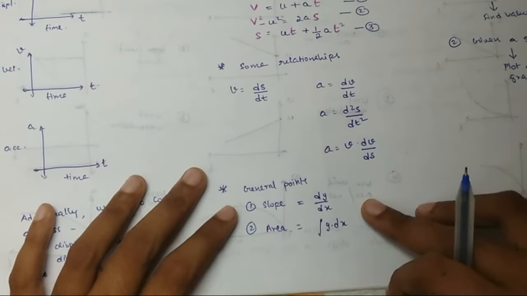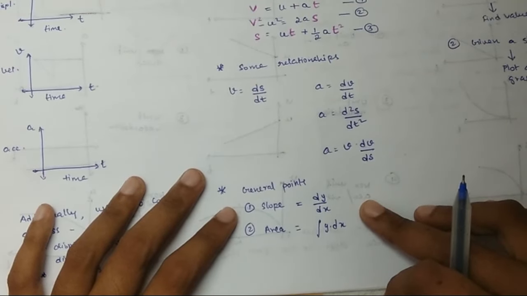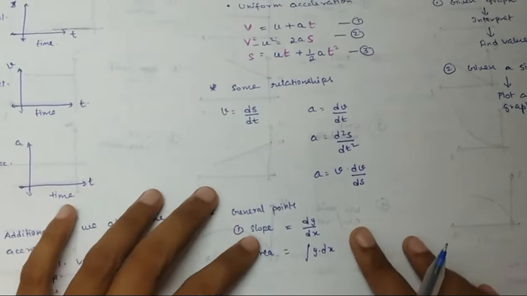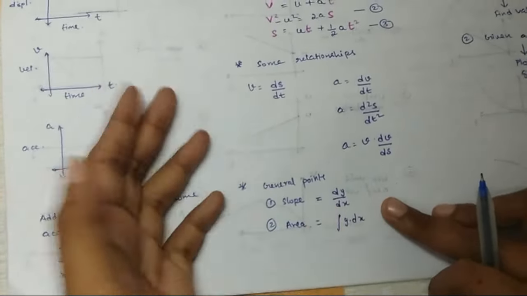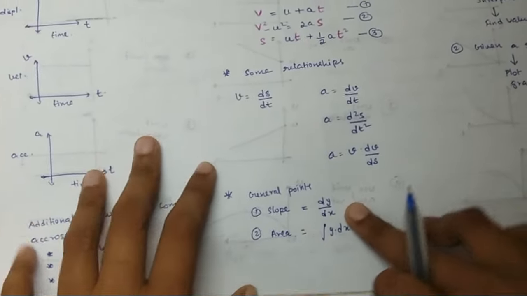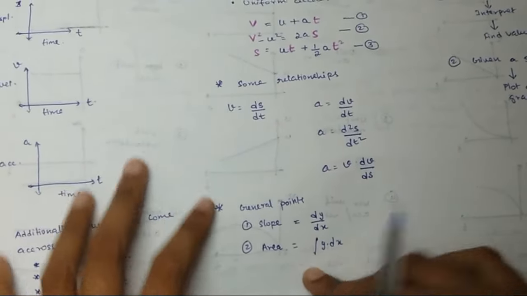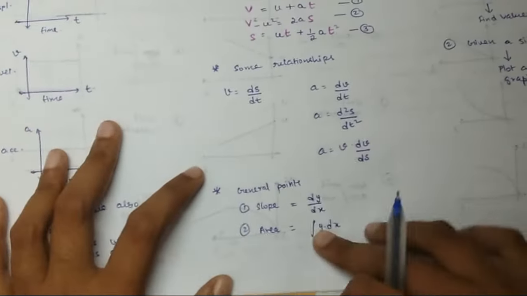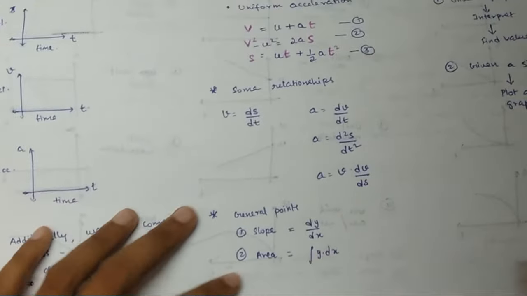Also, these points are worth noting. In a graph, a slope is given by dy by dx. That's differentiating the y-axis component with respect to the x-axis component. And area under the graph with the x-axis is usually given by integral y dx.